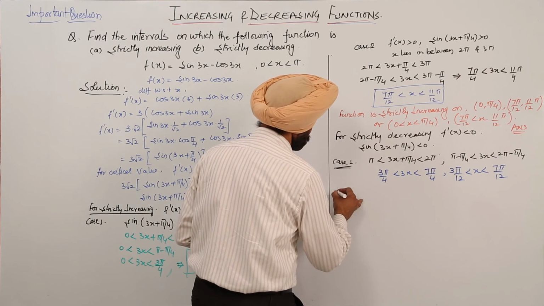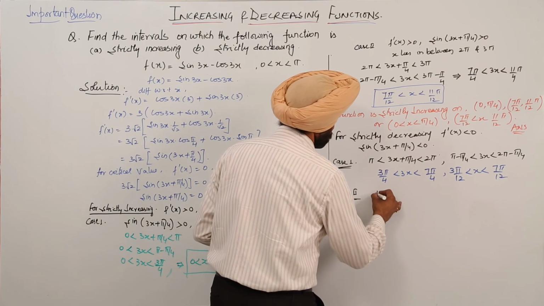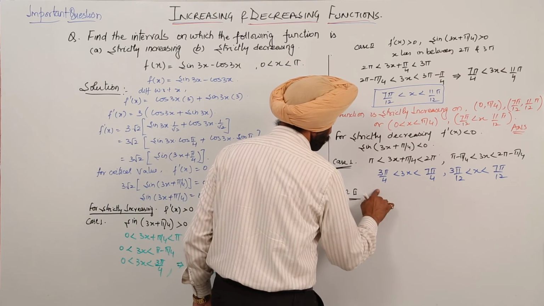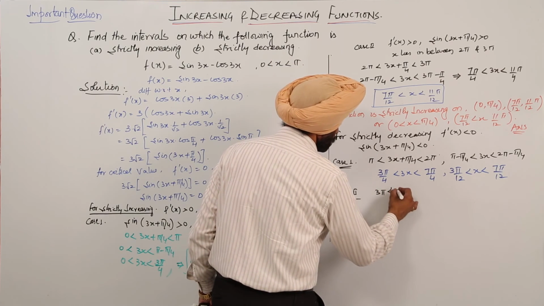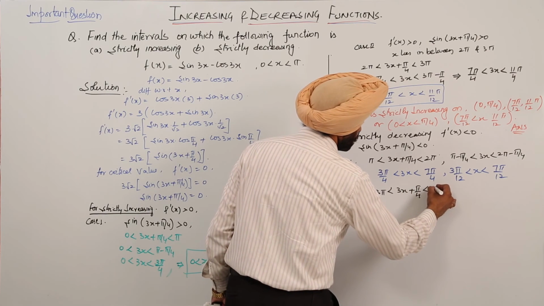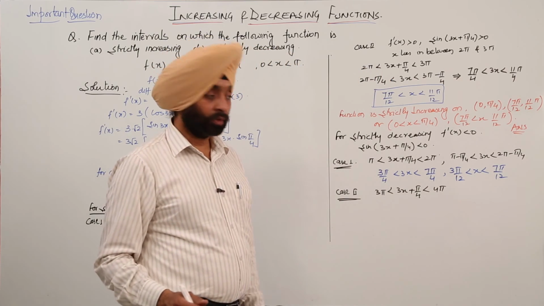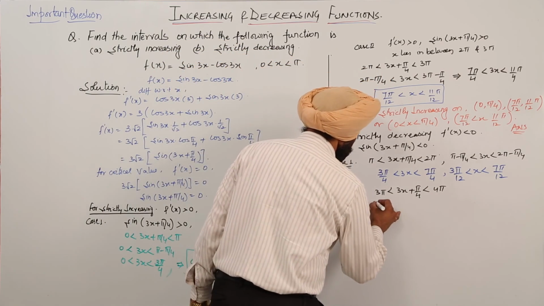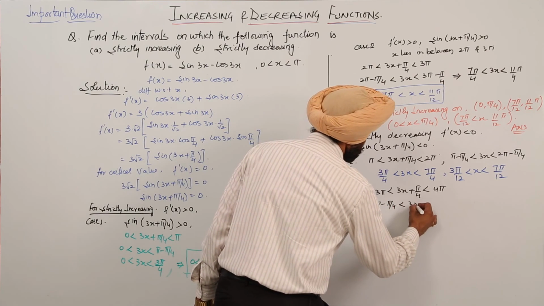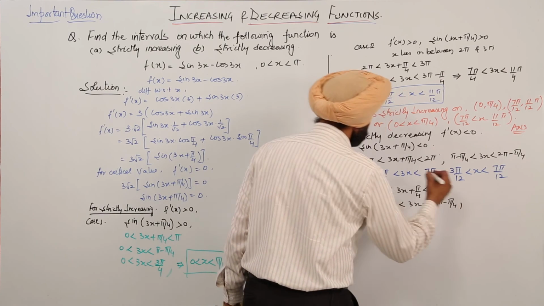Now case 2. In case 2 we have 3 pi is less than 3x plus pi by 4 is less than 4 pi. So 3 pi minus pi by 4 is less than 3x is less than 4 pi minus pi by 4.